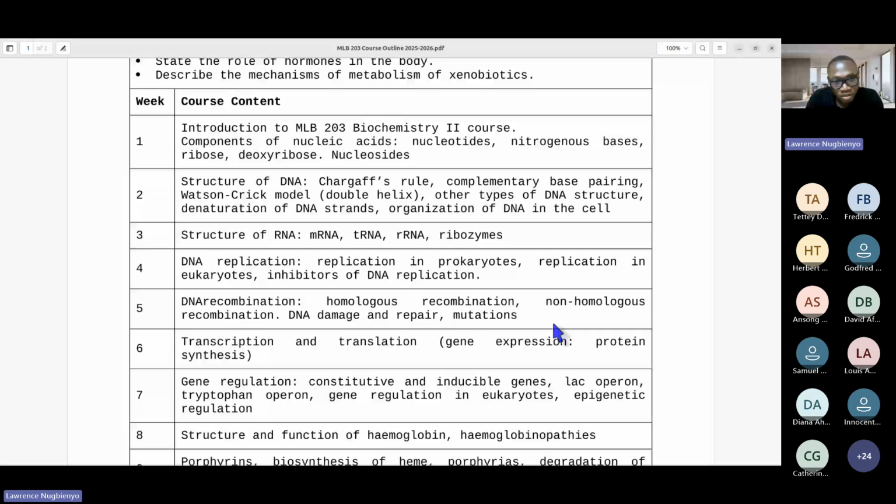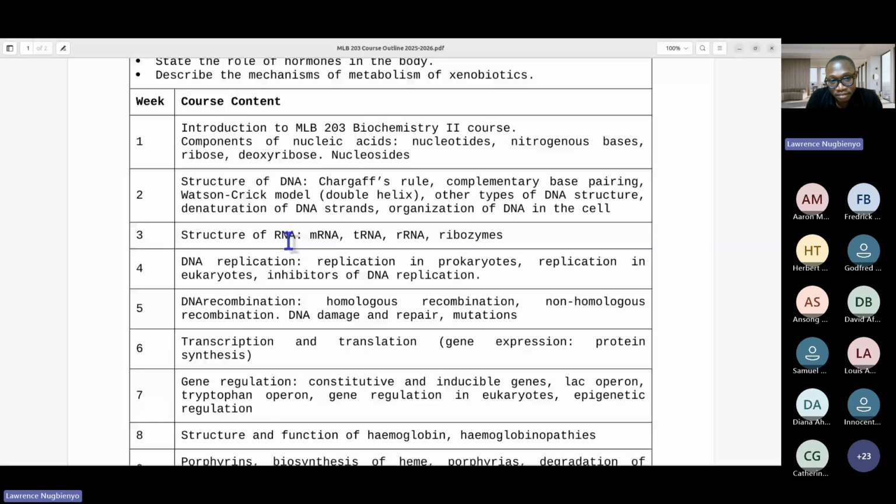So the first thing we'll do is just have some introduction to the MLB biochemistry course, which is what we are doing now. And then we'll look at components of nucleic acids, that is DNA and RNA. And we'll go ahead to look at the structure of DNA.